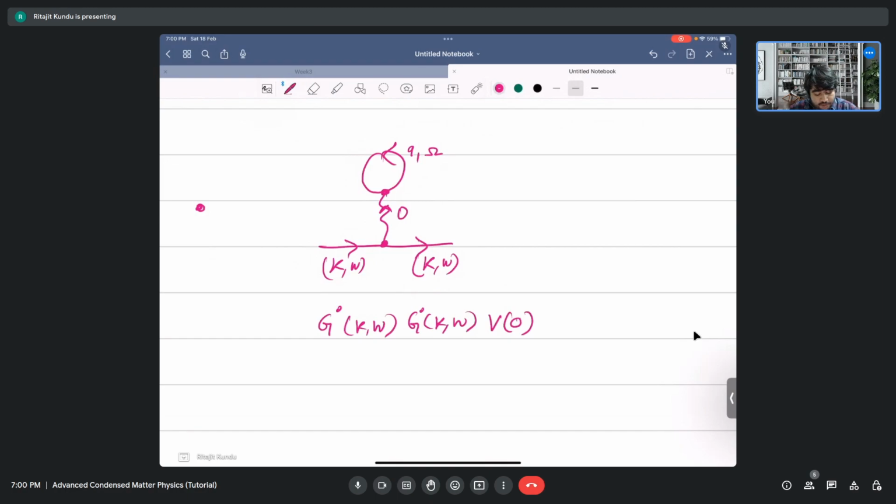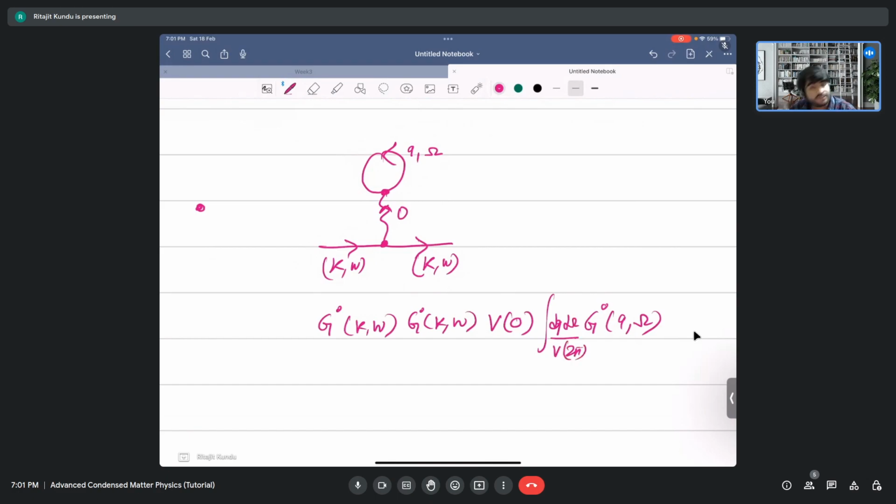Then I'll have G0(q, omega). Now there is a momentum and frequency going around the loop, and this is undetermined, so it can be anything, right? So we'll have to integrate over both q and omega. So I'll do dq d omega and have a V times 2 pi just for normalization.